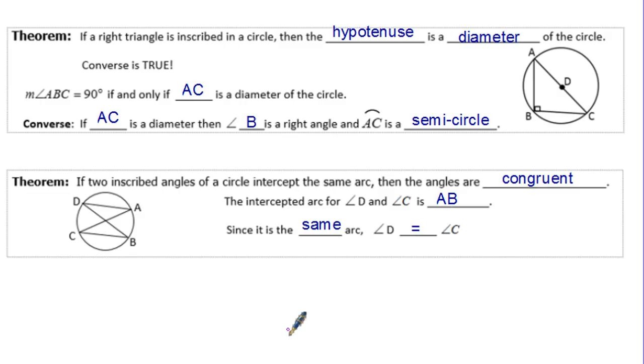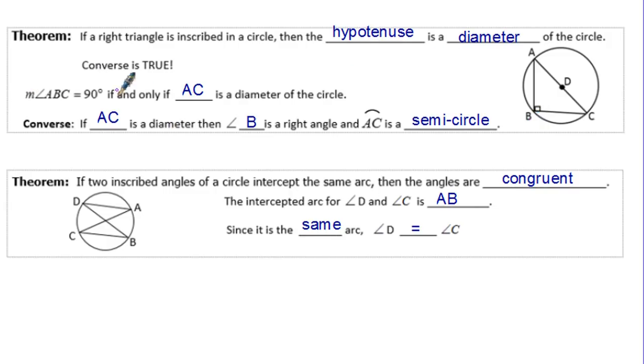So we're going through a couple properties here on what we can do with some inscribed angles. One of them deals with right triangles. If we have a right triangle inside of a circle, then the hypotenuse of the right triangle is going to be a diameter of the circle. The converse of this is also true, which means we can get a biconditional statement.